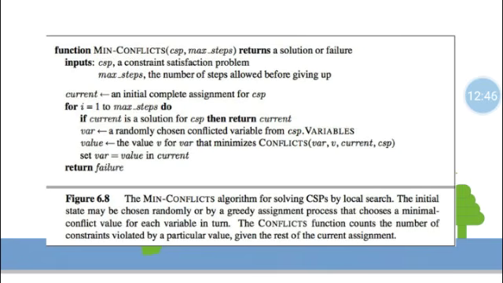So the initial state may be chosen randomly or by a greedy assignment process that chooses a minimal conflict value for each variable in turn. The conflicts function counts the number of constraints violated by a particular value given the rest of the current assignments. So this is how this minimum conflict algorithm works. We are going to choose a variable which is having minimum conflicts, which means which violates the minimum constraints.